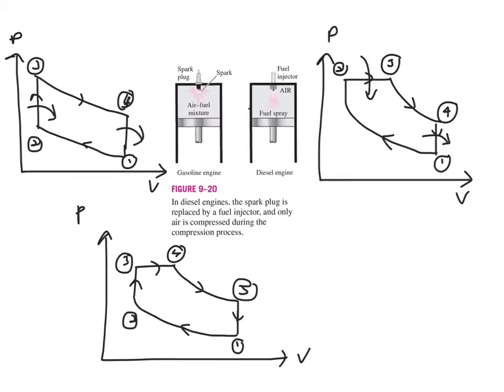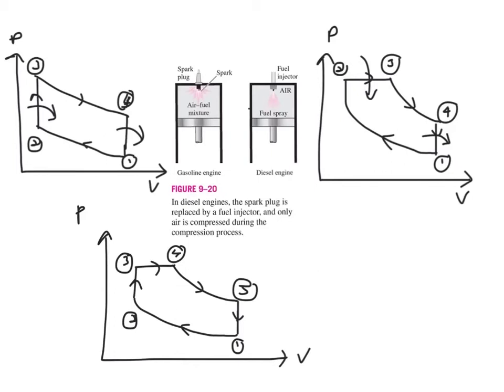So if you can see here, in a spark ignition system, the heat addition is happening at constant volume, while in the diesel engine or compression ignition, the heat addition is happening at constant pressure.